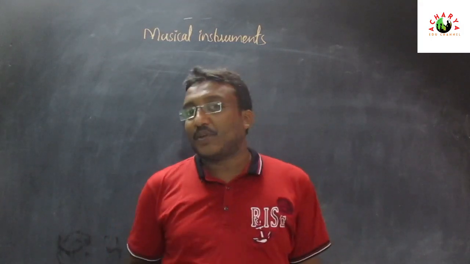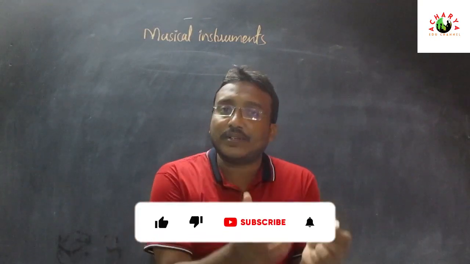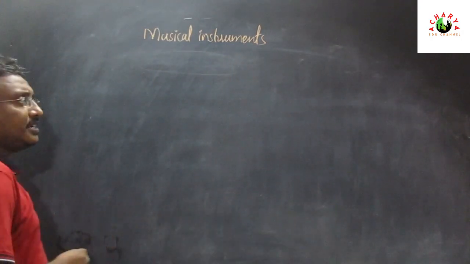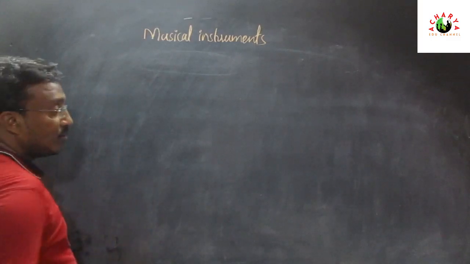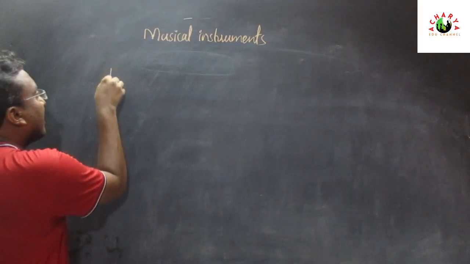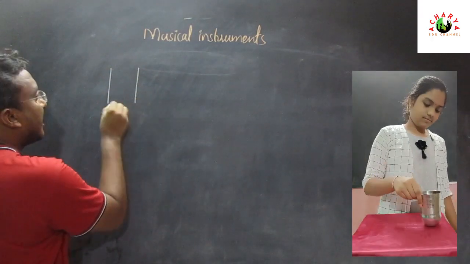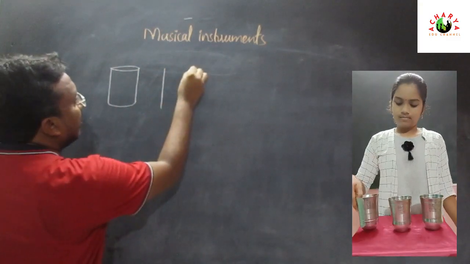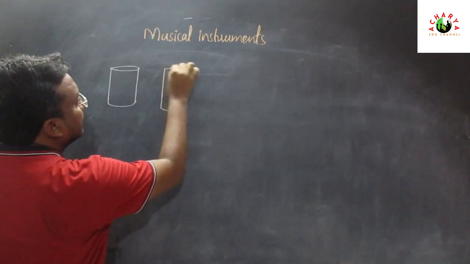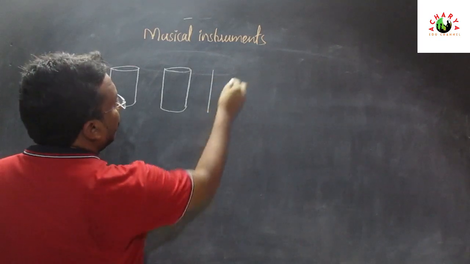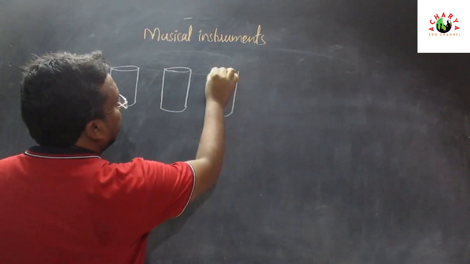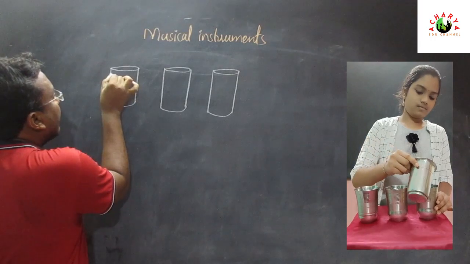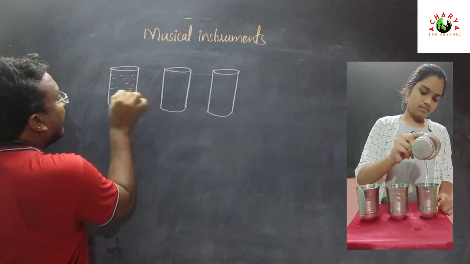Okay, now we are going to observe the variation in sound by doing an activity. To do this activity we have to collect 3 to 4 metal glass tumblers of the same size. Fill water in the glass tumblers at different levels.